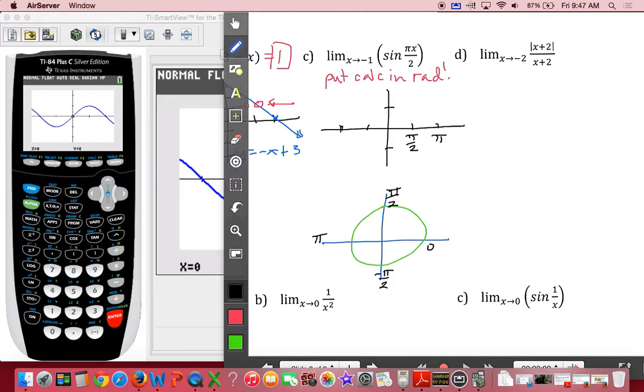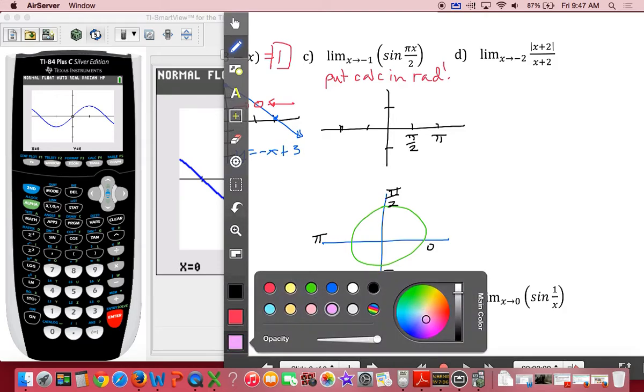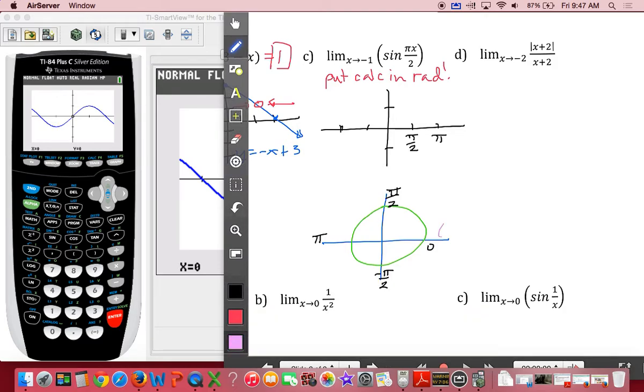So then I want to look at the ordered pairs that are there. So at 0, what's the ordered pair? Is it 0, 1 or 1, 0? It's 1, 0. And then this is 0, 1. And this is negative 1, 0. And this is 0, negative 1.